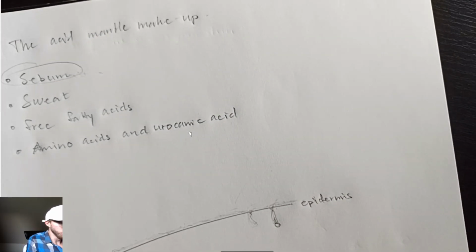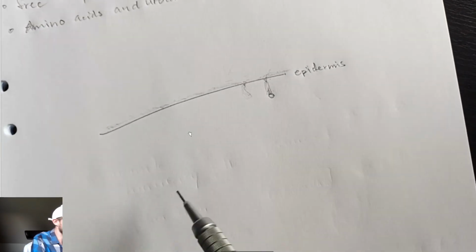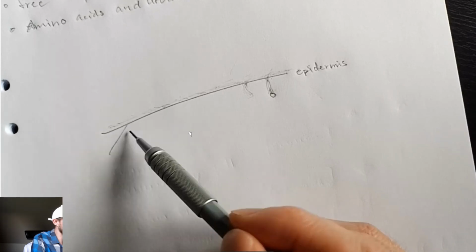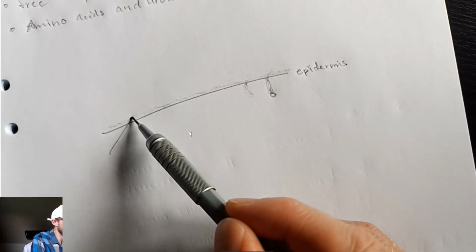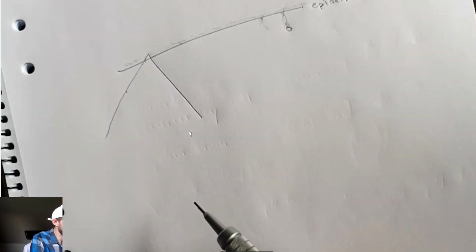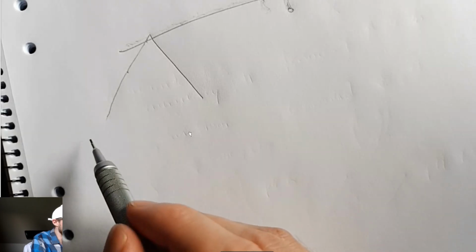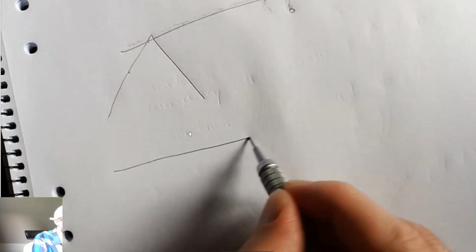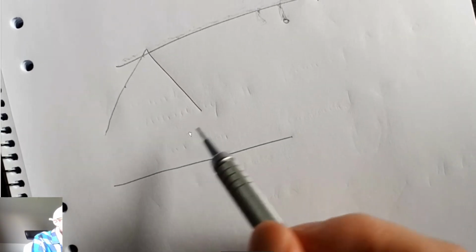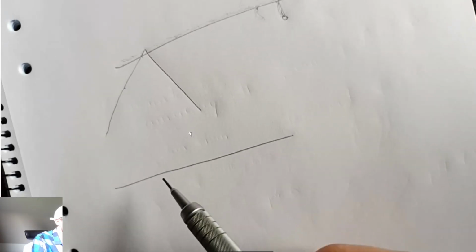So let's draw a zoomed in view of the skin surface down here. We take this part and zoom in on it. We have the epidermis here, and then we have this layer of sebum I drew up there.